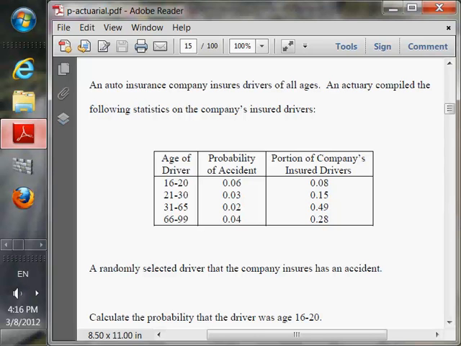Correct? But we know that it's only drivers that are 16 to 20. You know that this is also 16 to 20. So the other condition, you know that this is among those drivers that have been insured by the company. And that's the only set you're interested in.